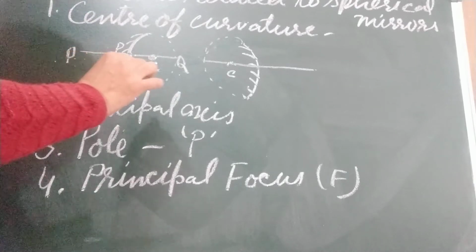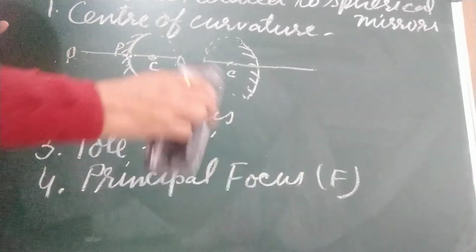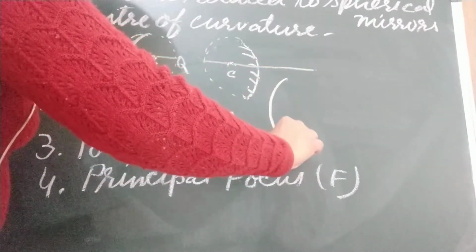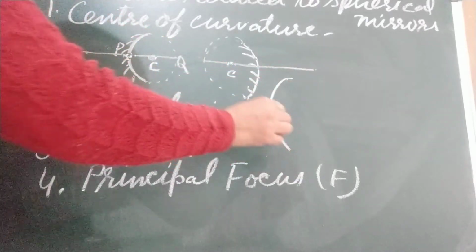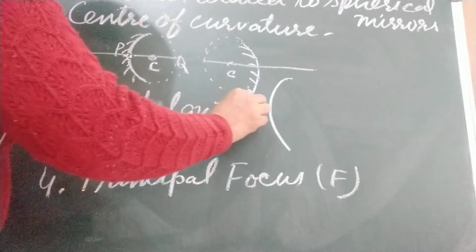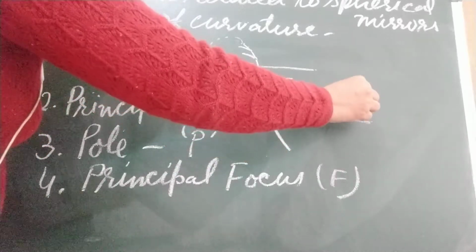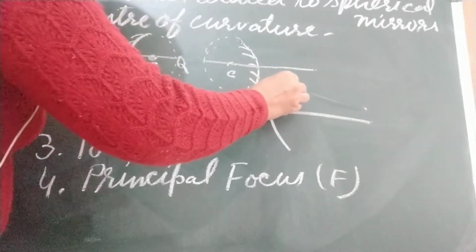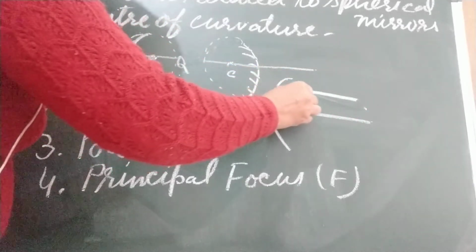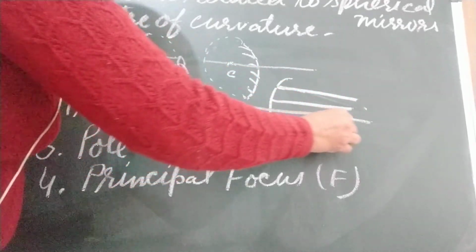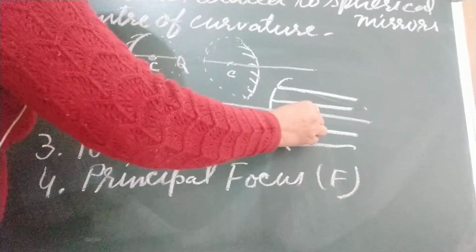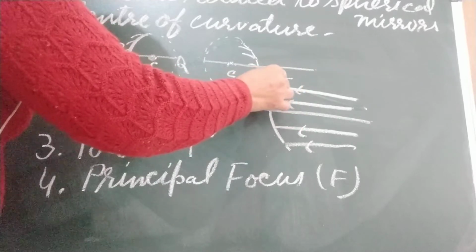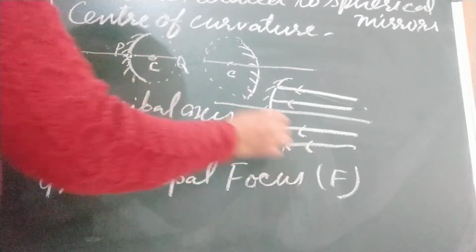Like I am drawing it here, this is a concave mirror and I am going to draw the principal axis. Now parallel rays of light are falling on this reflecting surface, which is the mirror.